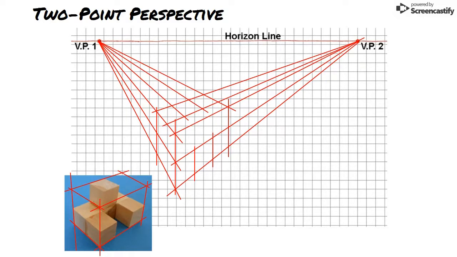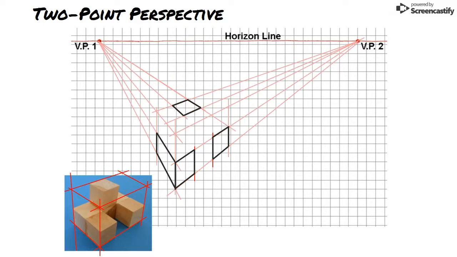Trace over the construction lines to delineate the edges of the object faces that occur on the visible surfaces of the box. Now sketch additional construction lines to identify surfaces of the object inside the box.